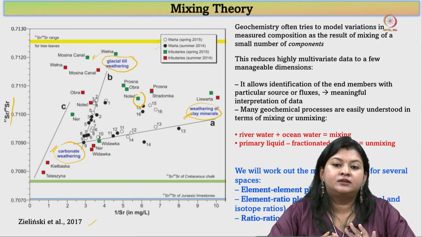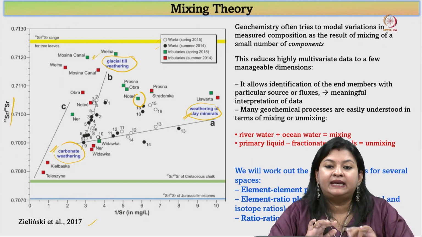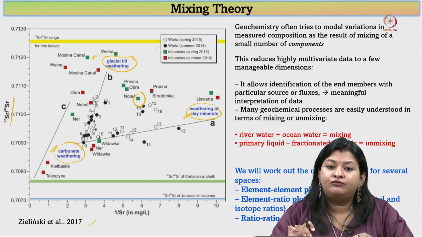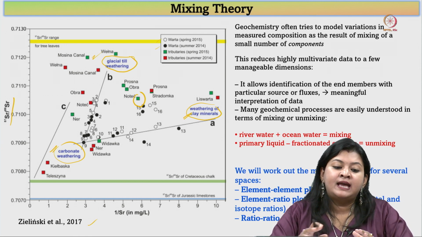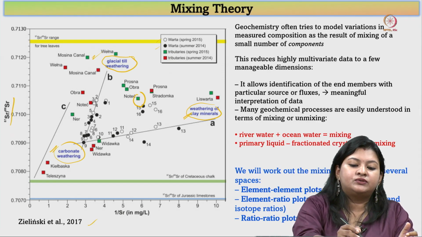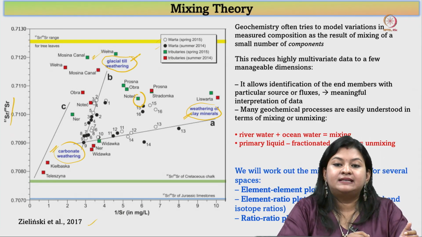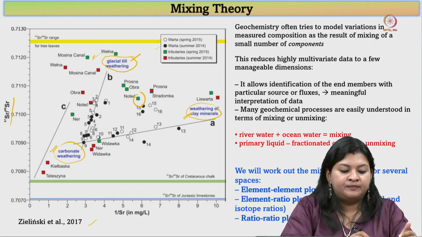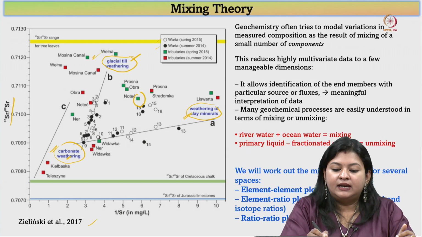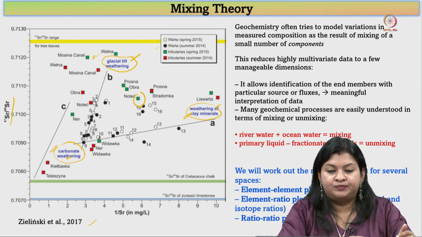Geochemistry has its most applications in source apportionment, and specifically for isotopes, because isotopes help us segregate these different sources. So, this glacial till has a different isotope signature, carbonate as you see will have a different isotope signature, clay will have a different isotope signature.